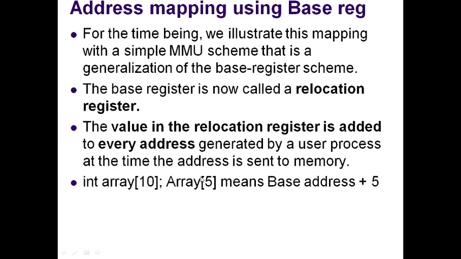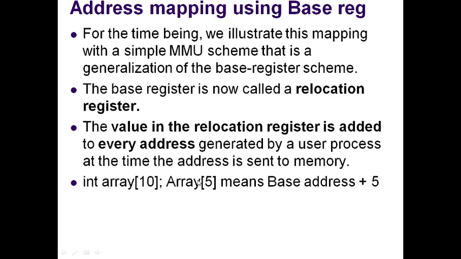For example, I just want to let you know a similar example you studied earlier. You all have declared arrays in C and C++. This is how the declaration was done: int array[10]. After this declaration, you know the meaning of array[5]. The meaning of array[5] is the fifth address from the base address.